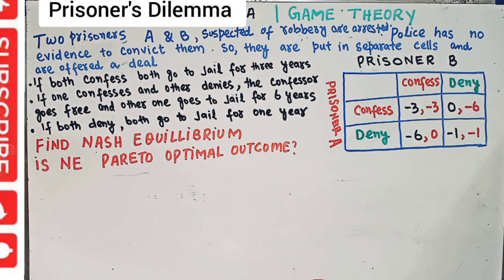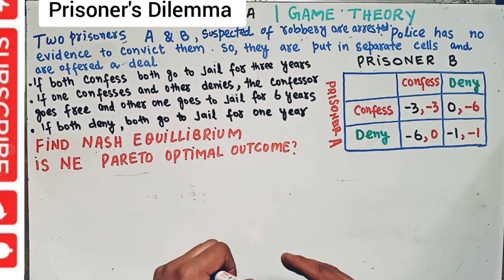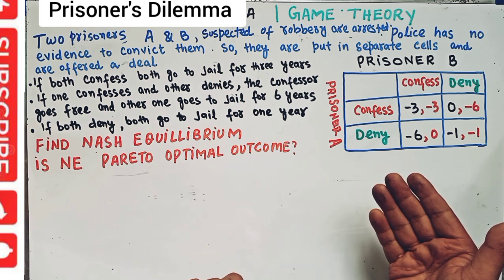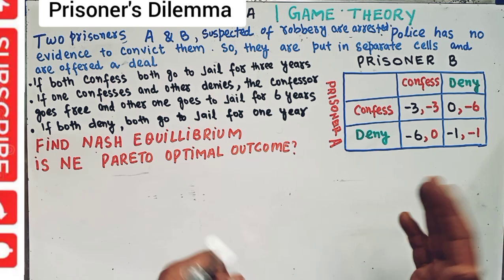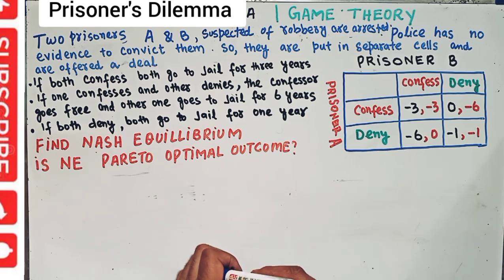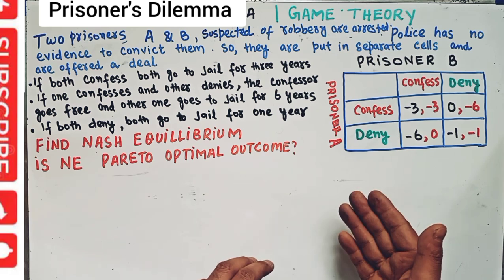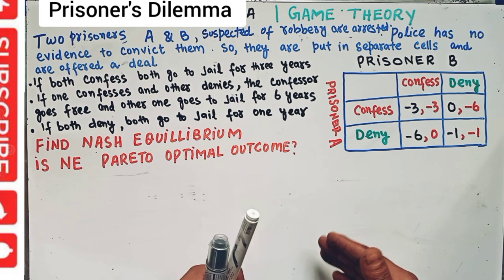First, we need to find out the Nash equilibrium in this case. By Nash equilibrium, what do we mean? Nash equilibrium is a situation when each player chooses an optimal strategy given that the other player also chooses his optimal strategy. Or we can say it is a state that gives players no incentive to deviate from their initial strategy.